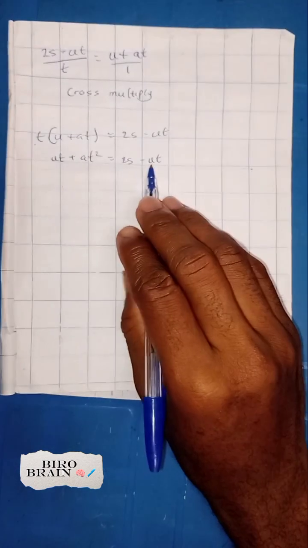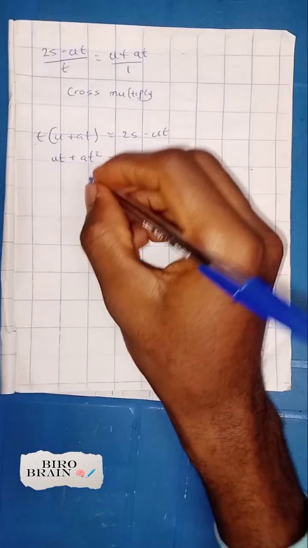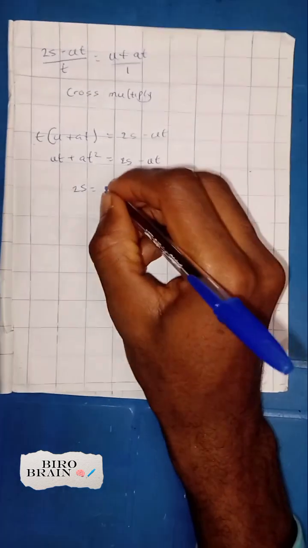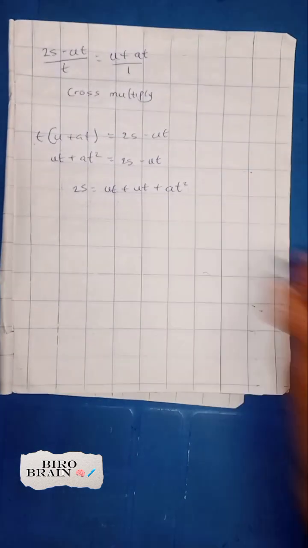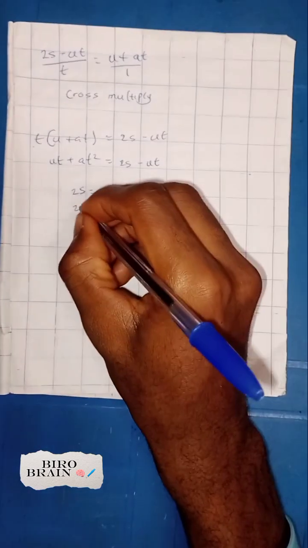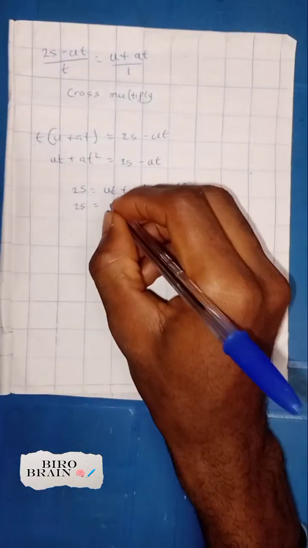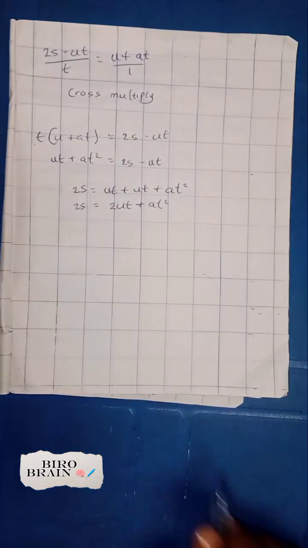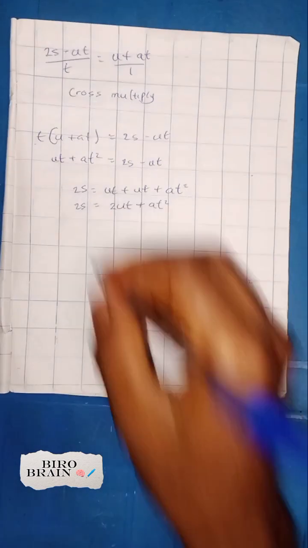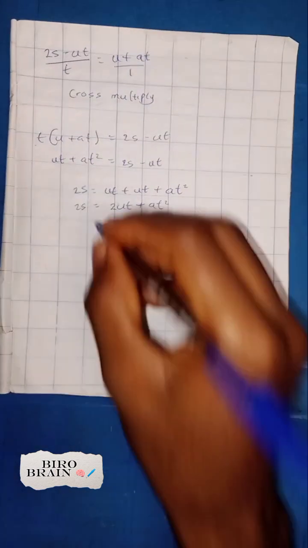This ut will go to the other side to become plus. So we'll have 2s equals ut plus ut, that's 2ut, plus at squared. Making s the subject of the formula now, we divide both sides by 2.